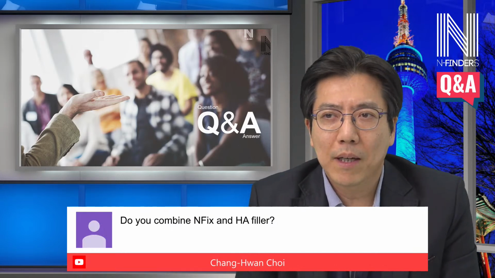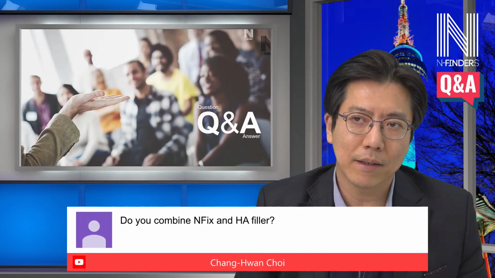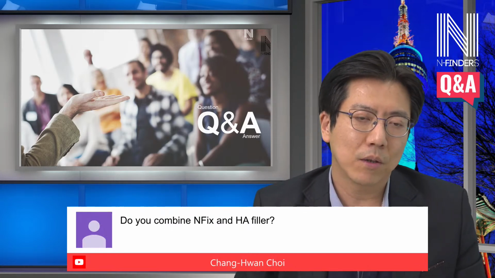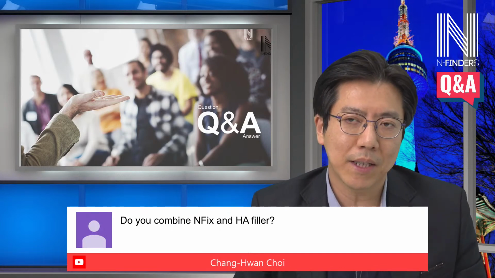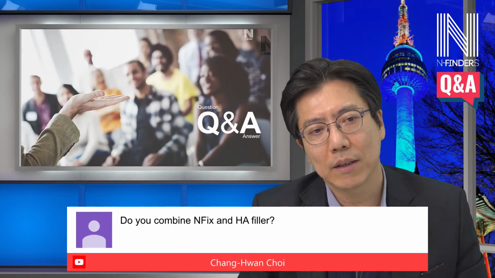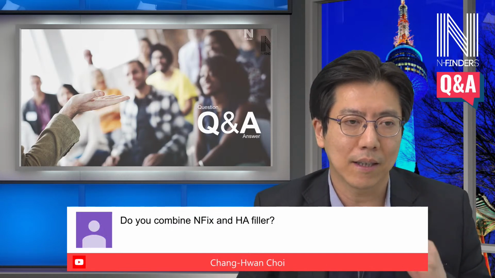So do you combine N-fix and HA fillers? I do not combine the N-fix and HA fillers in the same layers. Sometimes I combine the fillers with the thread, only when our target layers are different.